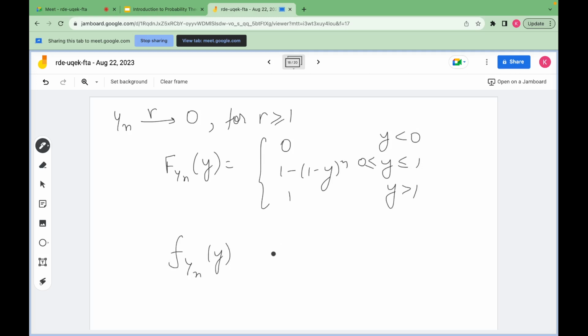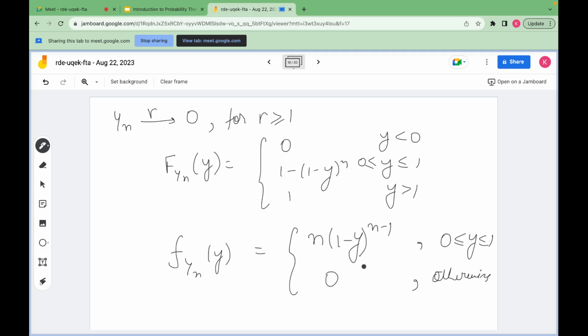We will get the probability density function. This will be n into (1 minus y) to the power n minus 1 when y is between 0 and 1, and 0 otherwise.